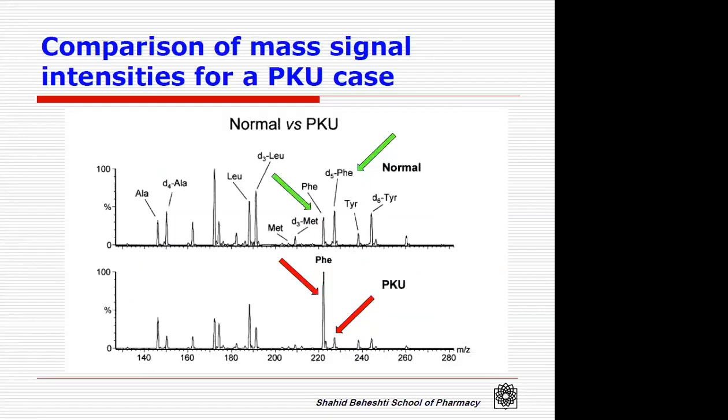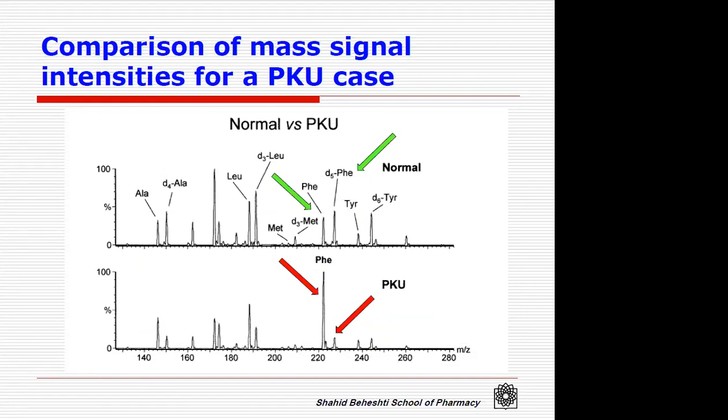This is a real sample that I'm going to show you, and I would like to compare the intensity of the signal. This is a normal sample compared to a pathological PKU sample.